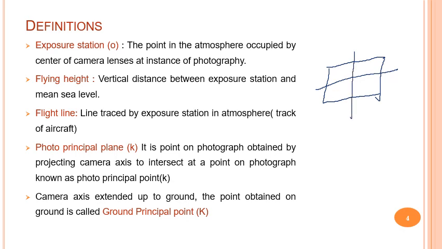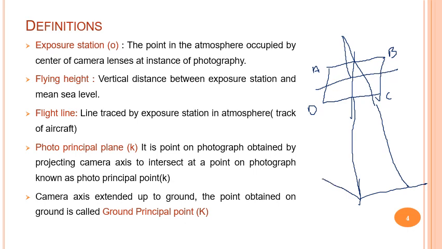This is A, this is B, and this point is C and D. Now one vertical line I am drawing here, and again another line, and this is the horizontal line, and this is the north.